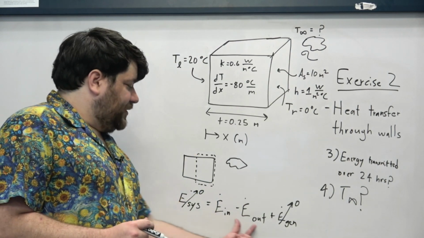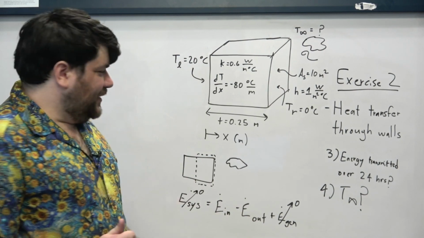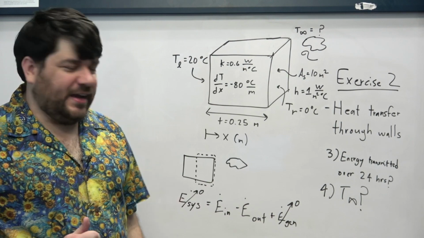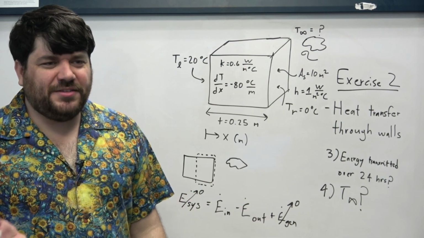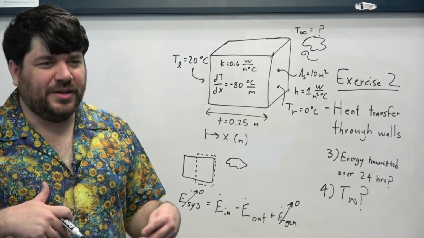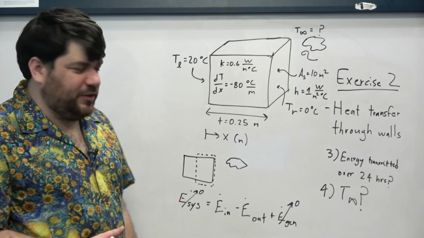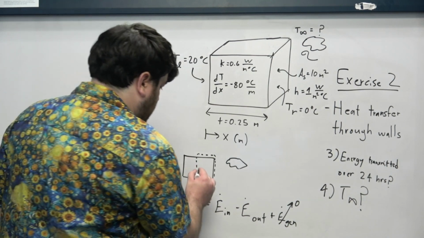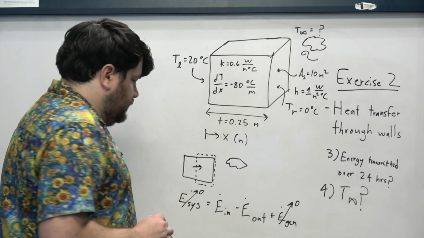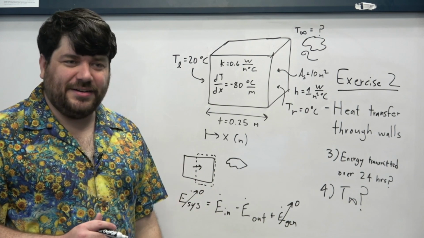And so all that we have to consider is that the energy that's going into this particular region of space has to be the same as the energy that's going out. So what is the rate of energy that's coming in? What is the source of thermal energy that could be flowing into this particular piece of space? Well, remember that there's a conductive heat transfer process occurring on the left-hand side of this wall.